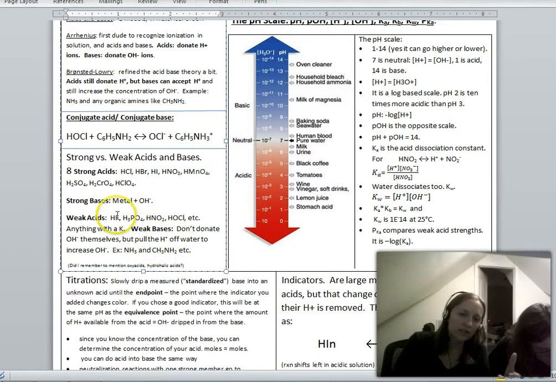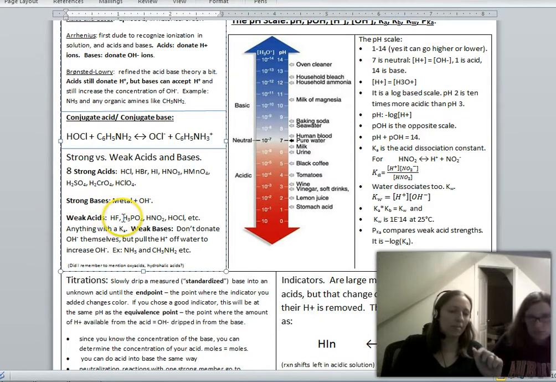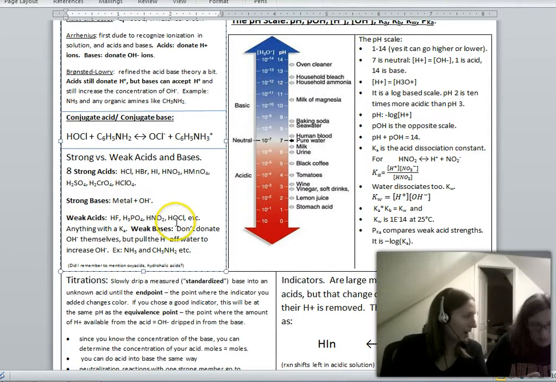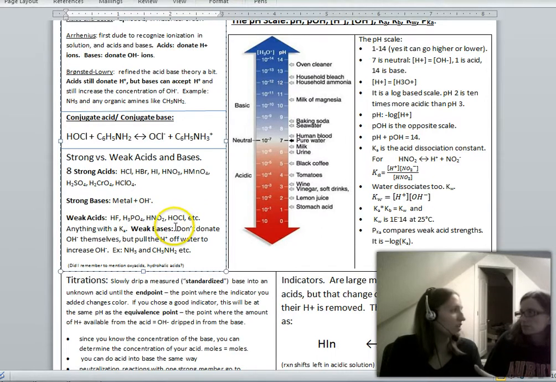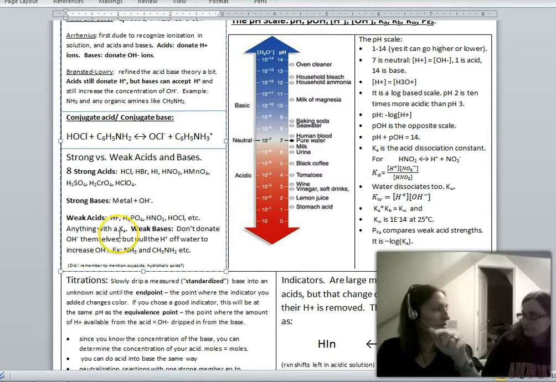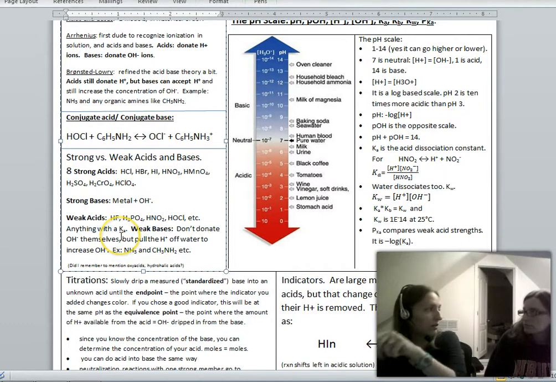Your weak acids include hydrofluoric acid, and phosphoric acid, nitrous acid, and hypochlorous acid. There are a lot more, and they come in lists, and you can tell that they're weak acids because in the list they will be listed with a number where it says Ka equals 1 times 10 to the negative.